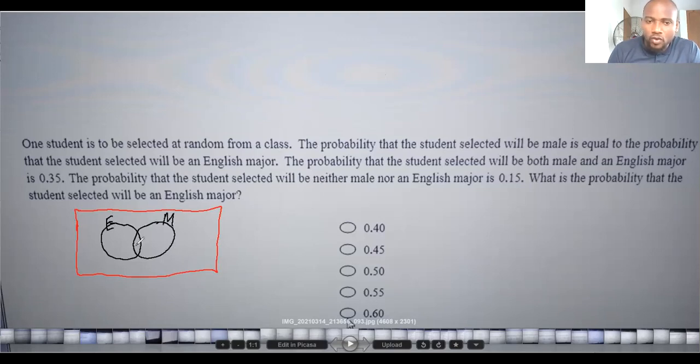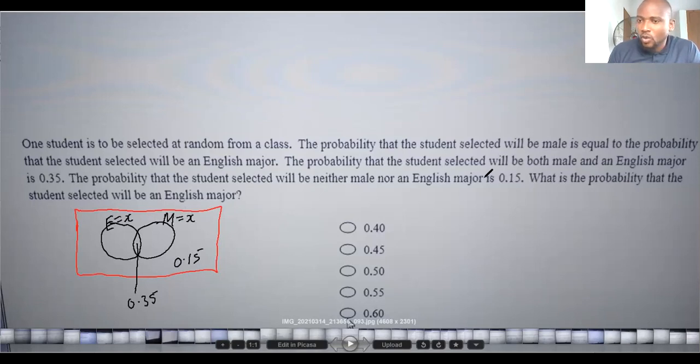What do we know? For both, we are told it is 0.35. Neither is 0.15. There's a key word here: the probability that the student selected will be male is equal to the probability that the student selected will be English major. So whatever we have for E is the same for M. Let's call the probability for E X and the probability for M X.